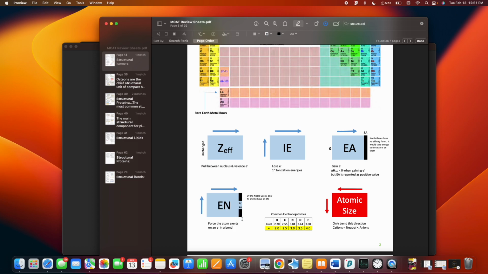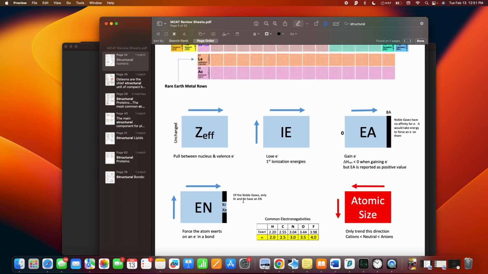So there should be a bond, and the force that the atom exerts on the electron is electronegativity. Of the noble gases, only krypton and xenon have an electronegativity, Kr and Xe.